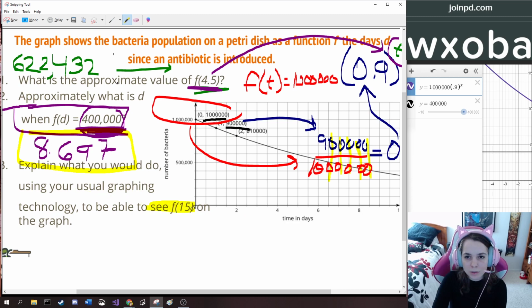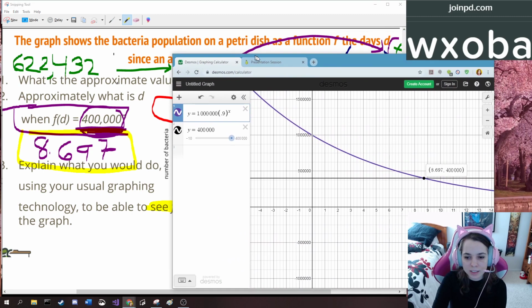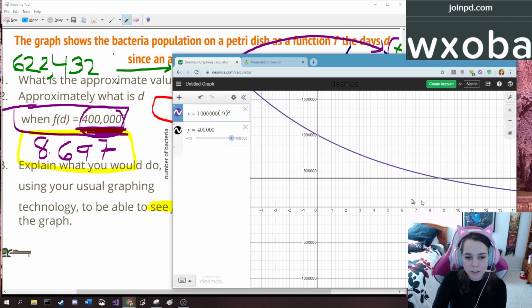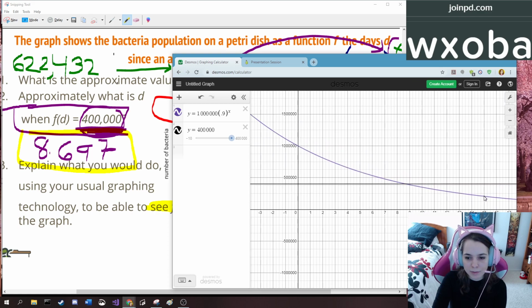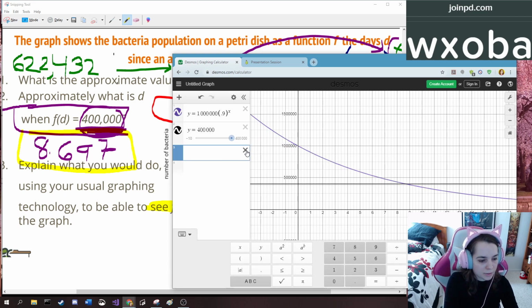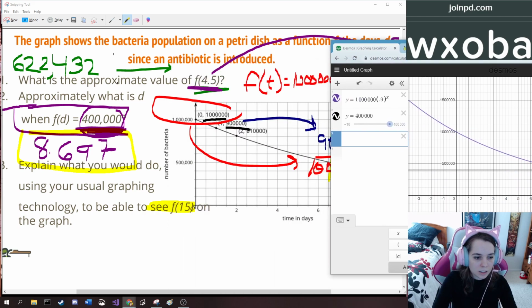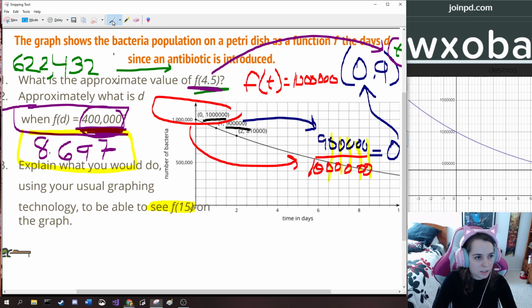And how we could use our graphing calculator to see the 15 mark. f of 15 is here. Okay. So if you wanted to find, you could use the same method, but see here how they give us the 15 on the inside? They give us our input.